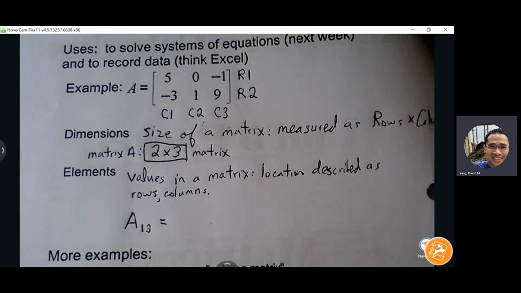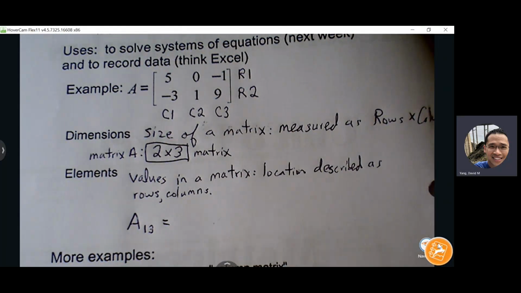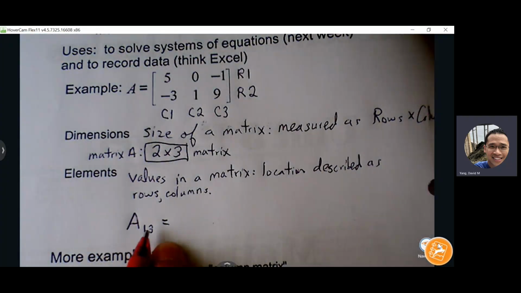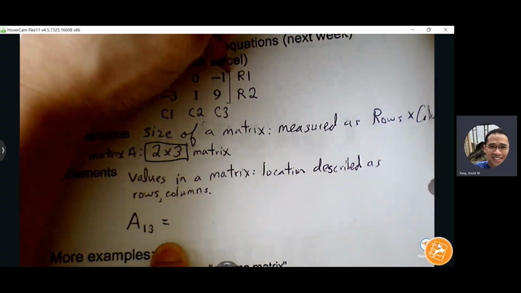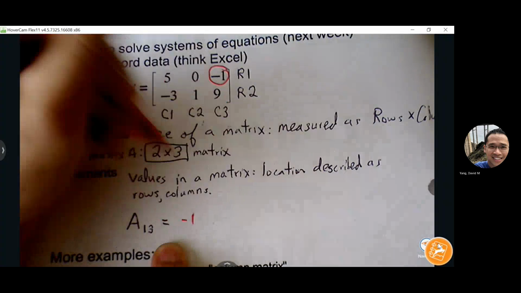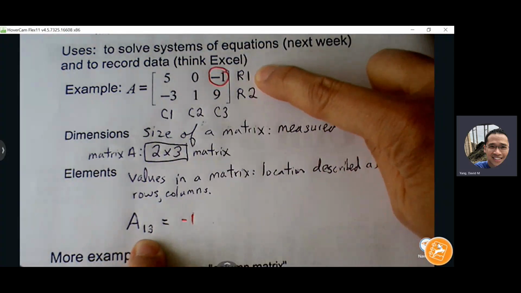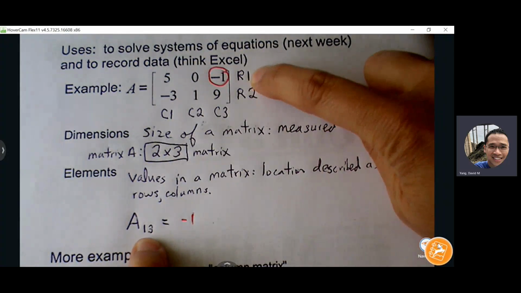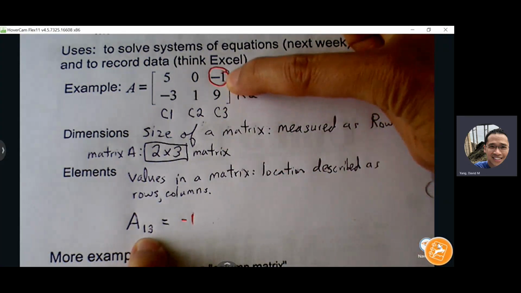Good, -1. So if we read this as 13, then it feels confusing, right? Because what does that mean? But you have to understand that there's an imaginary comma between the 1 and 3. So the value in row 1, column 3 is going to be this number here, -1.